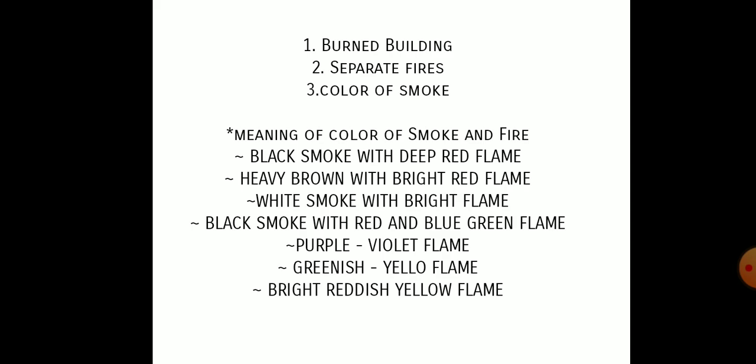And then the black smoke with red and blue-green flame are the asphalt. And then the purple-violet flame are the potassium products. And the greenish-yellow flame are the chloride or manganese products. And then the last one is bright reddish-yellow flame are the calcium products.